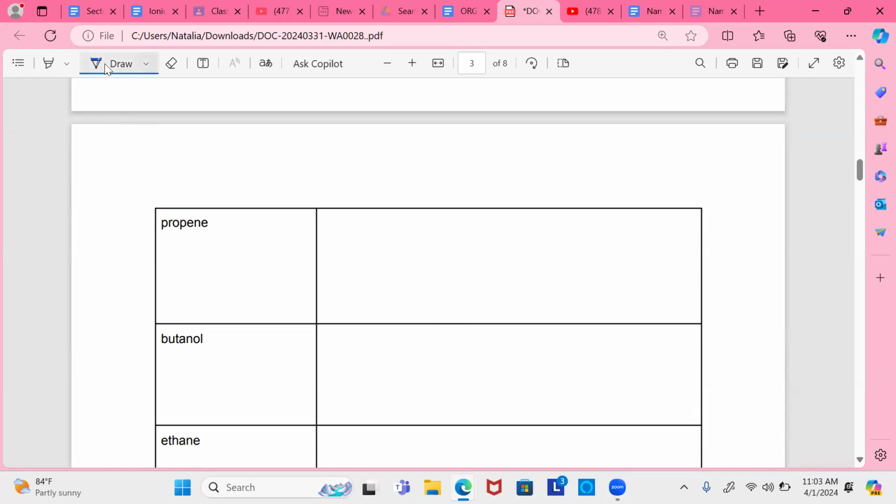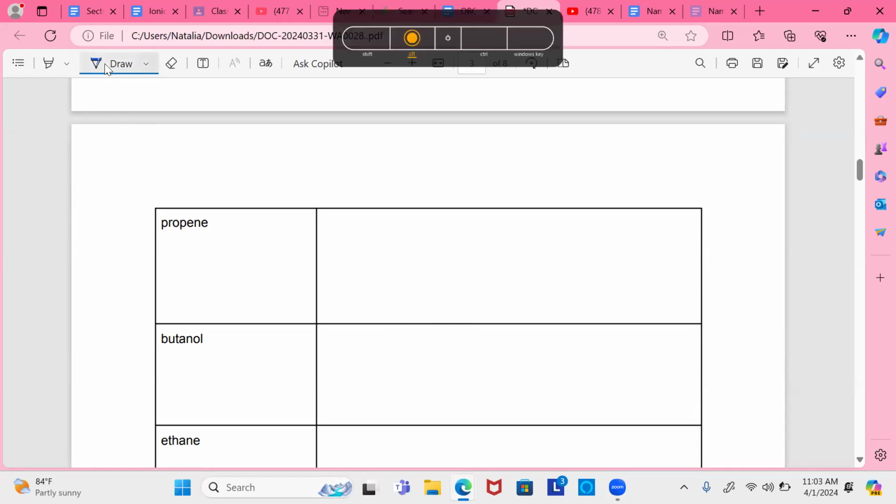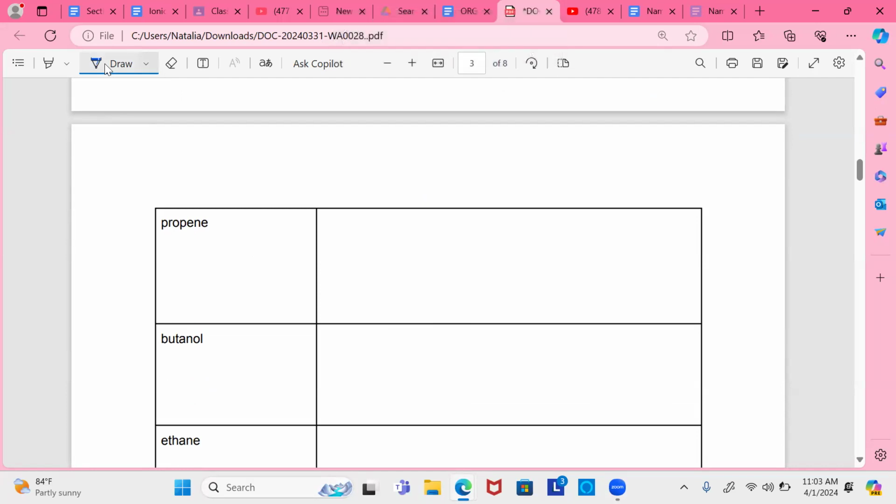So let's go. Here we have propene. So prop means how many carbons we have? 3. The ene means the functional group is a carbon double bond.